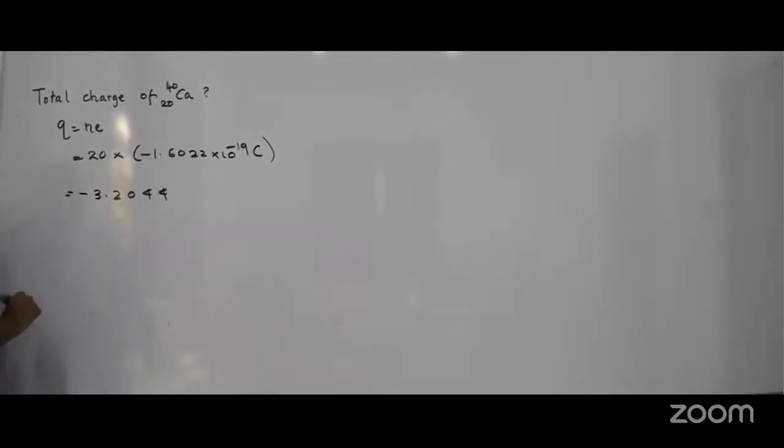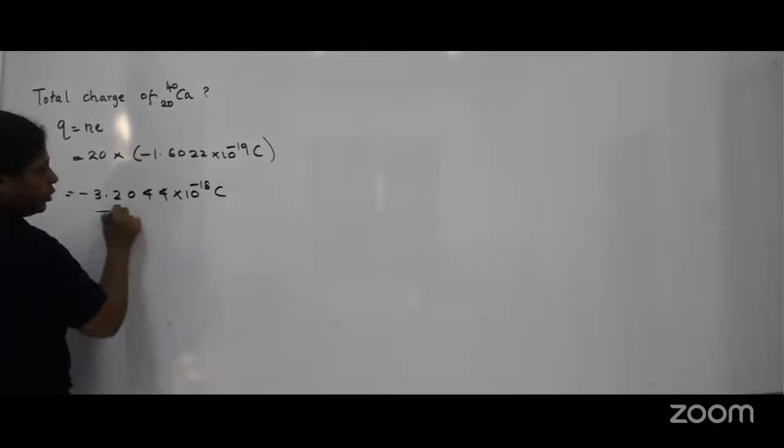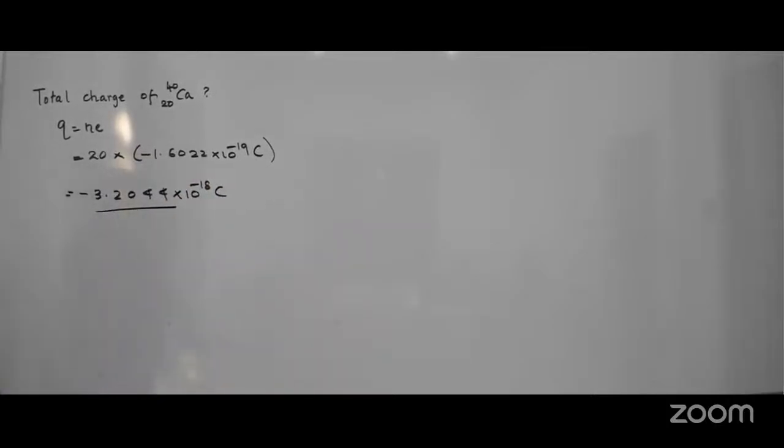It's minus 3.20 × 10 to the power minus 18 coulombs.